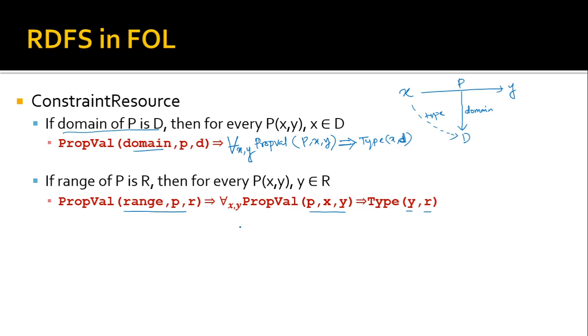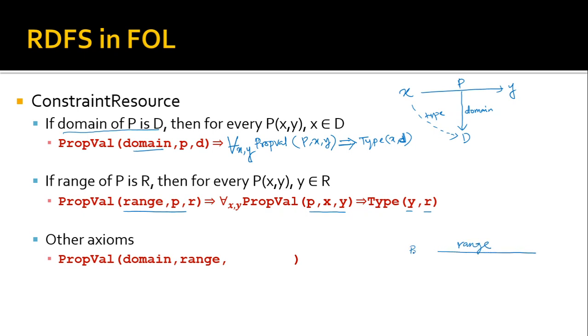And there are other axioms as well, so let us see what those are. I'm asserting something which is always true. What is the domain of range? For which things can you define the range? I can define the range of a property.